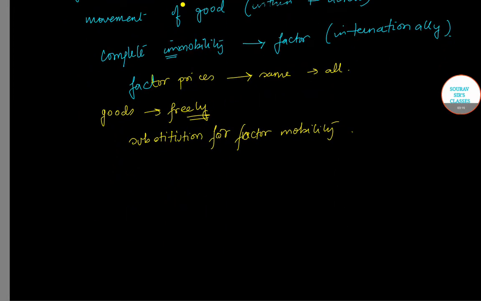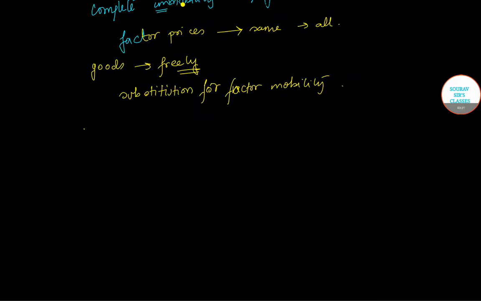So, commodity trade, so goods can cross boundaries while factors cannot. So, we are using goods as a substitution for factor mobility.